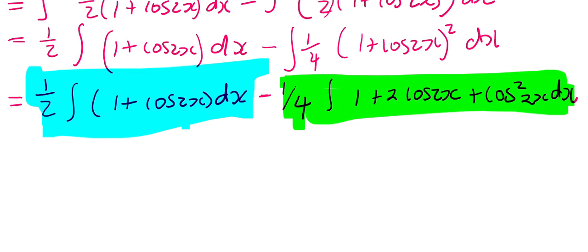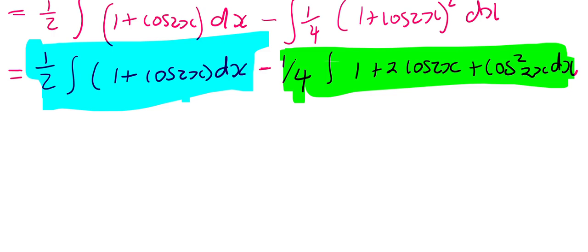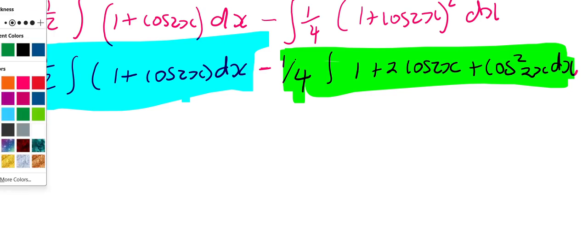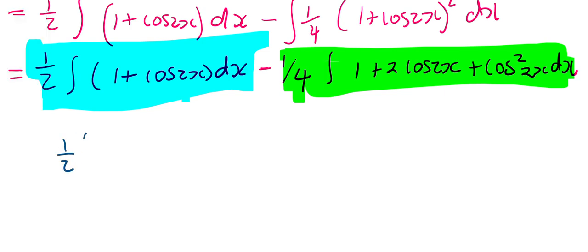Now let's start with the blue parts. Let's see if we have space here or we have to create. We have enough space for the blue parts. Let me choose a different color. The blue part says we have 1 over 2, the integral of 1 plus cos of 2x dx.